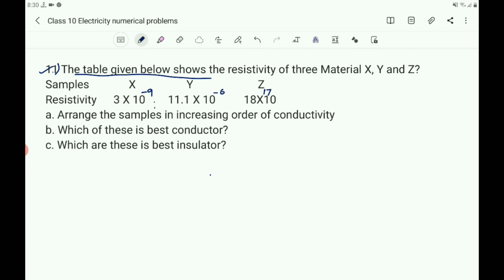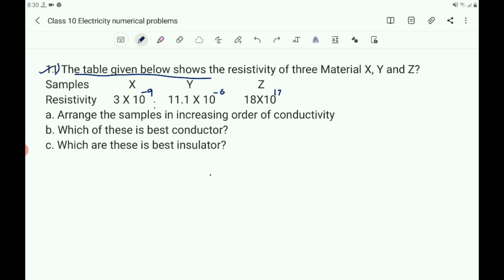Which one is having the highest resistivity? That is 18 into 10 power 17. The sample Z is having high resistivity, so it is having least conductivity. Means it is the best insulator.